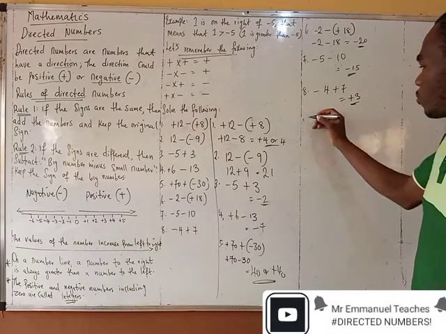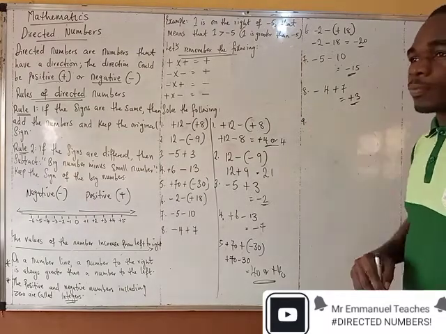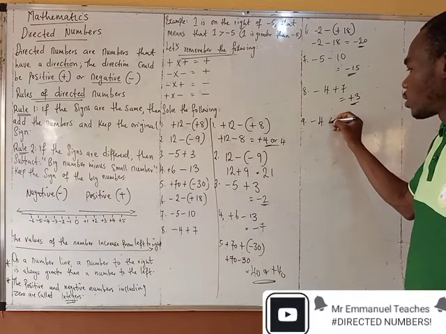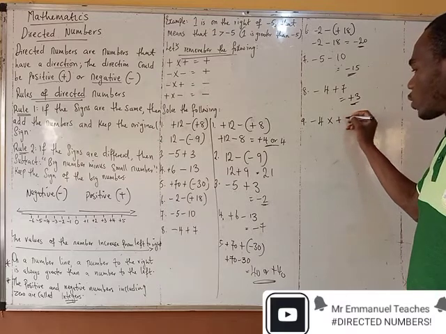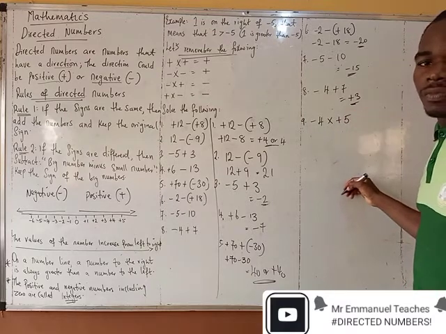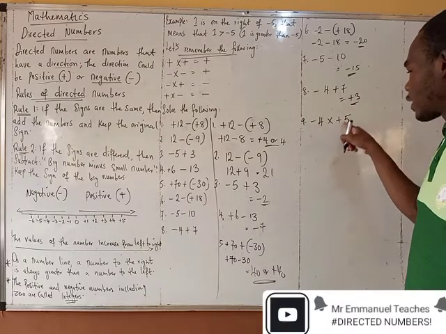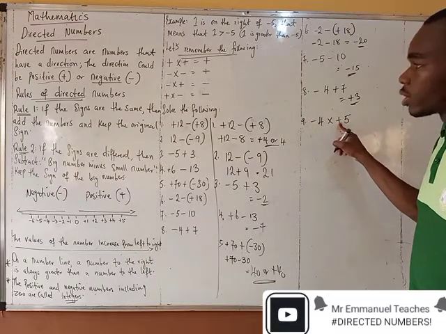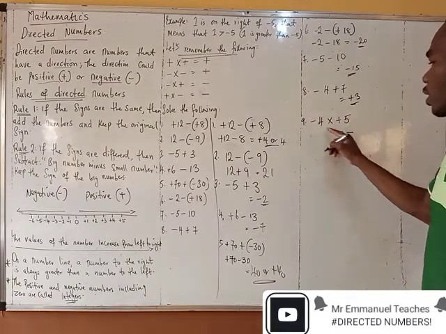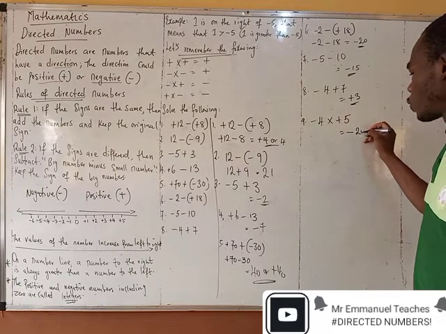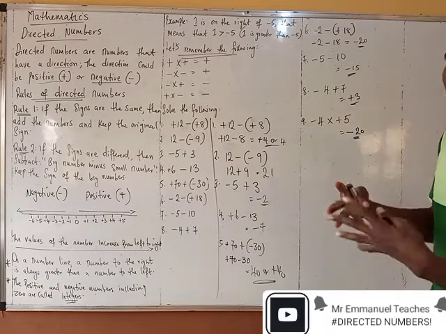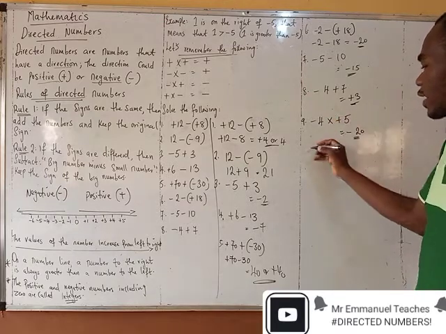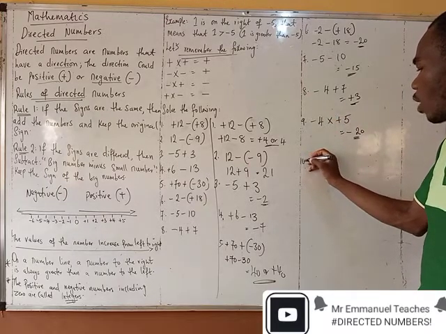But mind you, let's see some more examples. If I now have, for example, minus 4 times plus 5. Now, first of all, minus times plus is what? Minus. Now, 4 times 5 is 20. So you see, I'm mixing these two things now. This is quite different from when you have number 10.